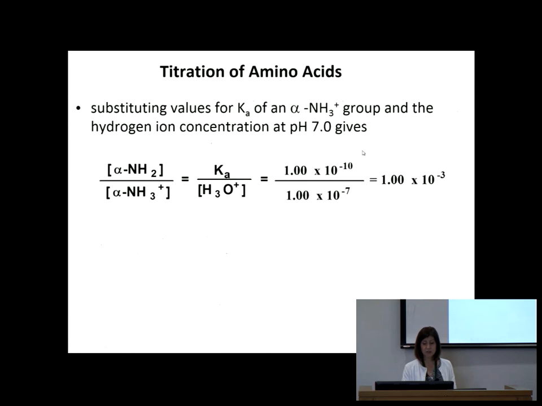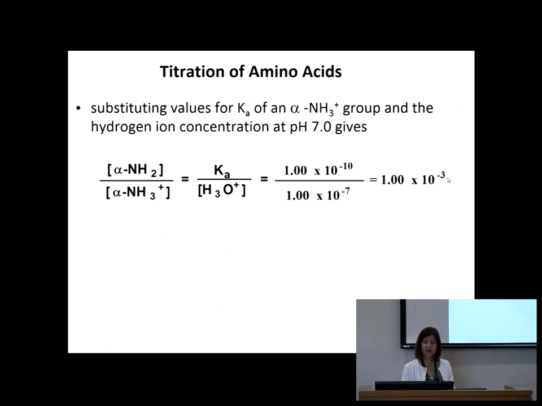The Ka, we said, was pKa of 10. So it's 1 times 10 to the minus 10. And if we're at pH 7, I'd have to give you that, then the hydronium ion is 1 times 10 to the minus 7th. So here, the ratio is 1 times 10 to the minus 3rd. What does that mean to you when it's 1 times 10 to the minus 3rd?